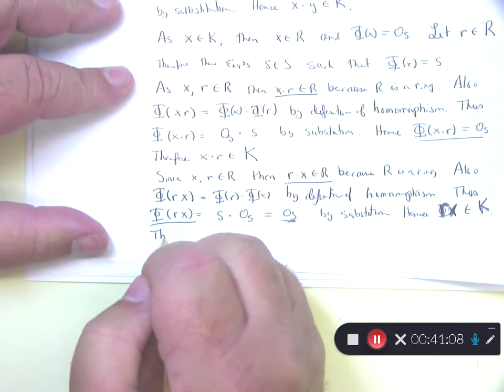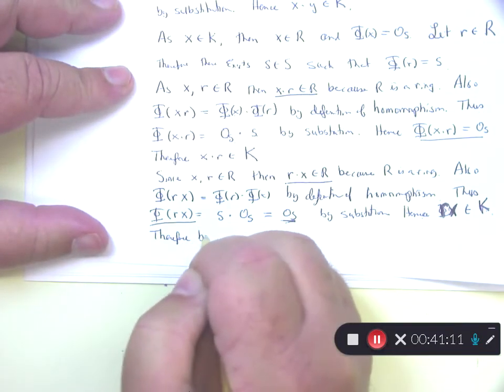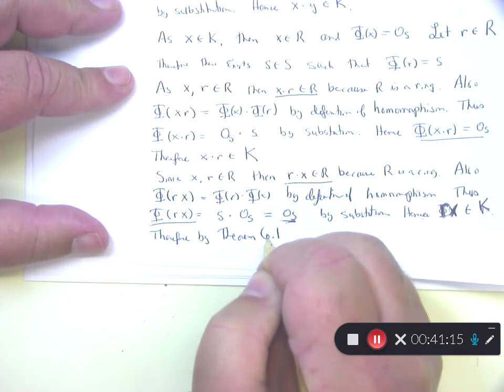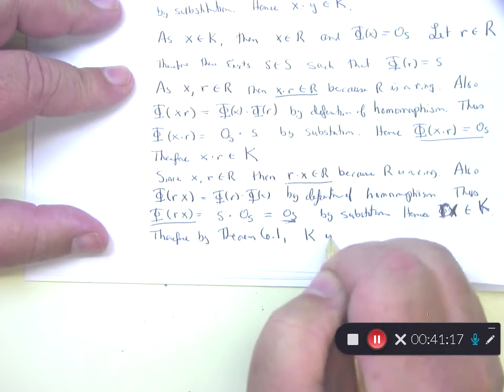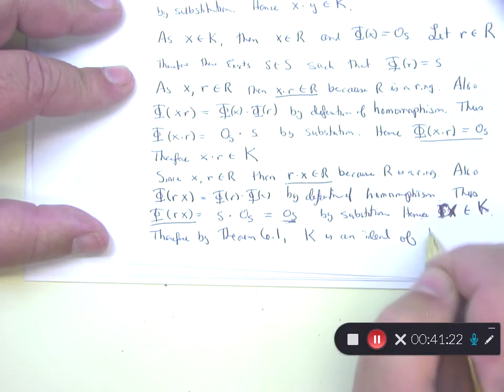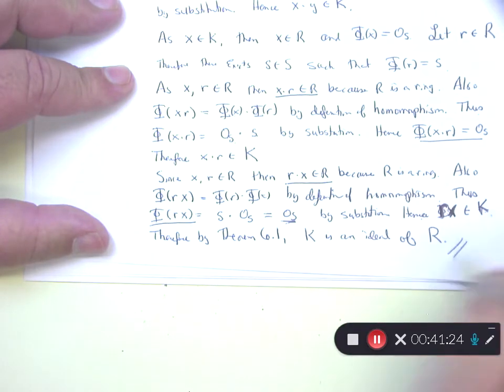Therefore, by theorem, your new favorite number, 6.1, K is an ideal of R, because that's where the elements came from. And I'm done.